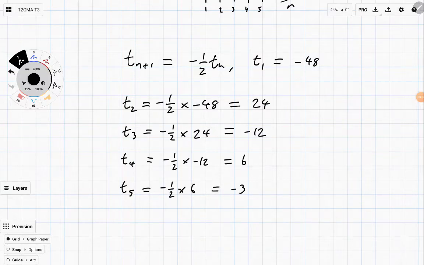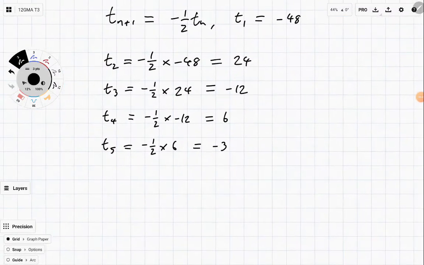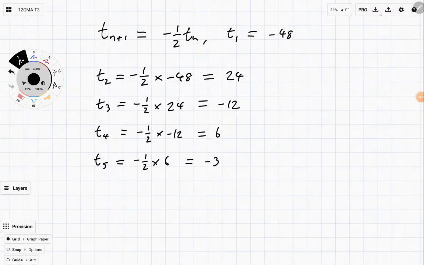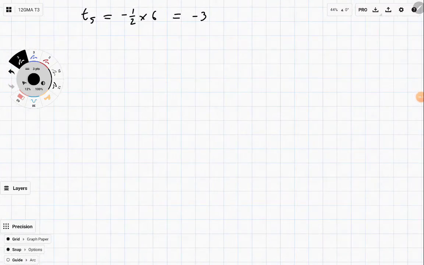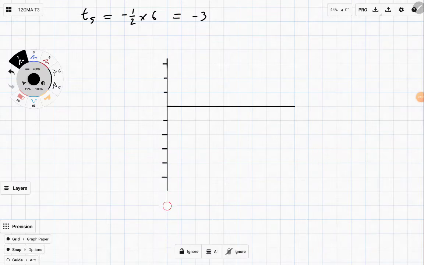So this is going to be a slightly different one again. This time I'm not going to write the points, but my smallest number has to be negative 48, and my biggest number on my Tn axis is going to be 24, my vertical axis. So it's going to look something a bit like this. So 10, 20, 30 on the positive, negative 10, negative 20, negative 30, negative 40, negative 50 on the negative vertical axis.